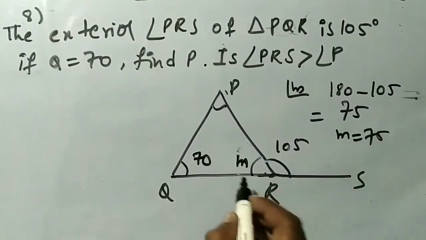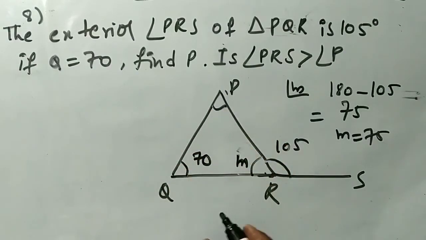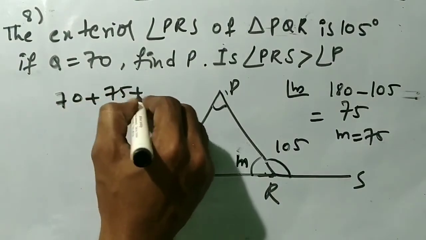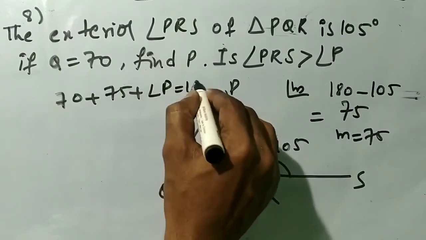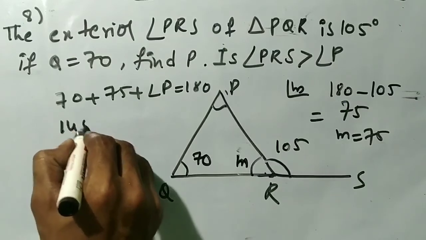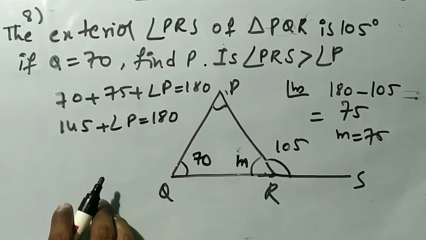This angle is 75. Again the summation of three angles is equal to 180. Here 70 plus 75 plus angle P, which we don't know, is equal to 180. Then 70 plus 75 is 145, plus angle P is equal to 180. You should be fast in calculation.